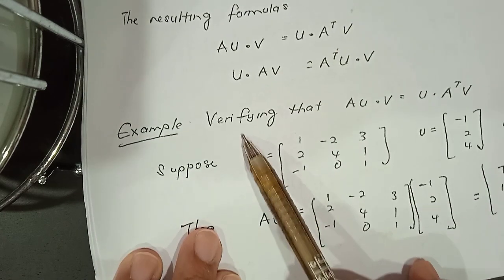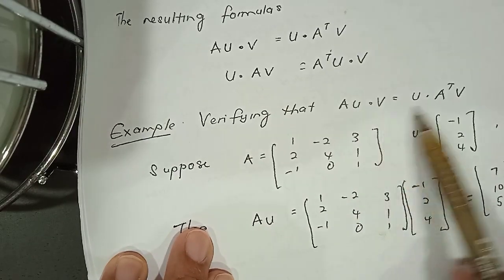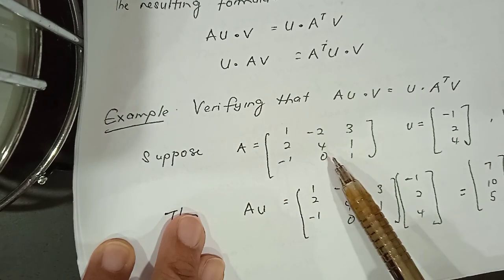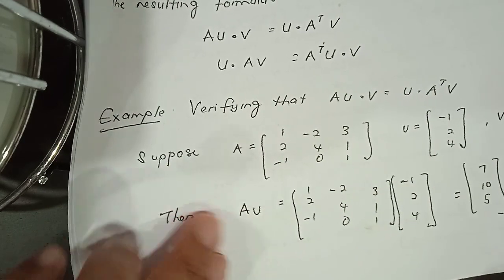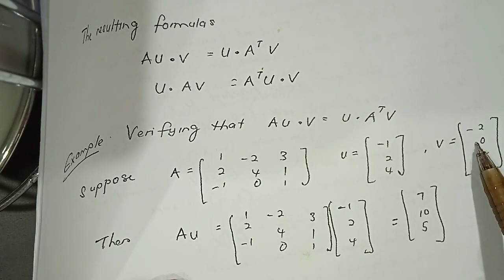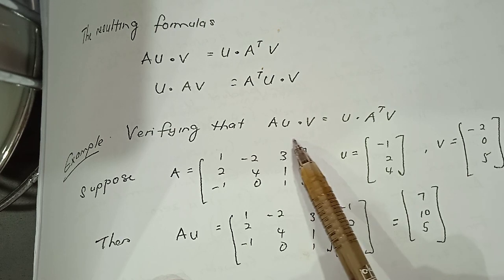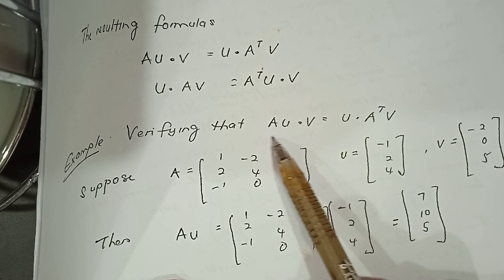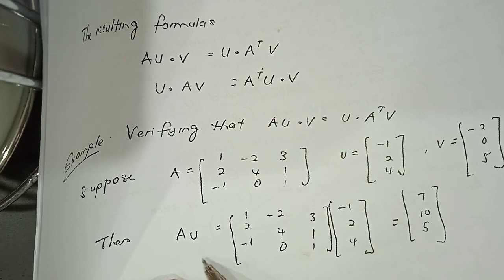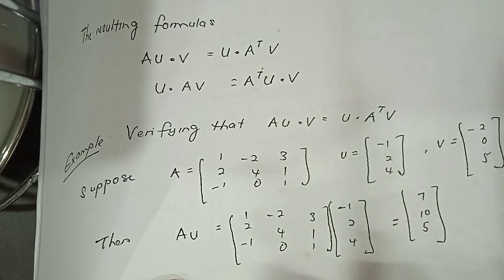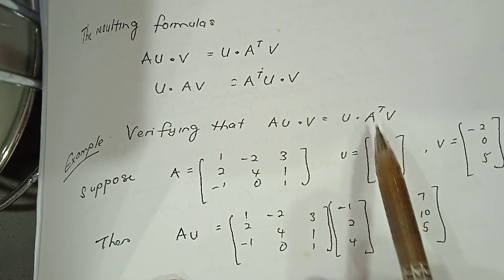Example: verifying that Au dot v equals u dot A transpose v. Given A in matrix form, and u and v column vectors, we find the left side Au, and then compare with the right side to see whether both get the same value.